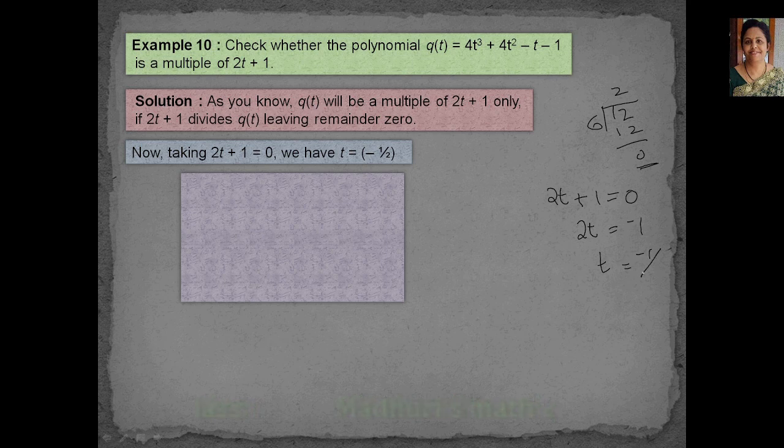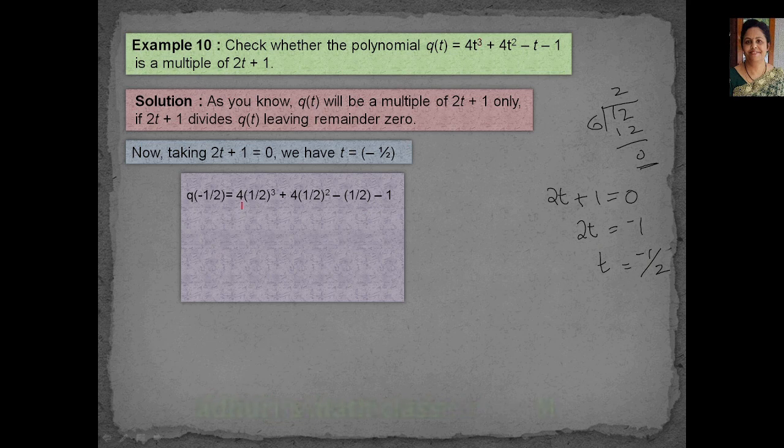Negative 1 divided by 2. So the zero of 2t plus 1 is equal to negative 1 by 2. We will find q(negative 1 by 2). So in the place of t, we will write negative 1 by 2.